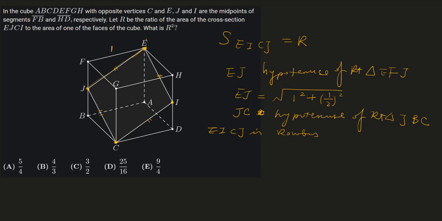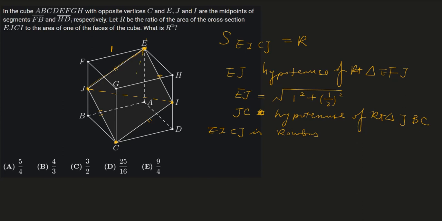Provided this quadrilateral is a rhombus, we know the fact that we can calculate its area in terms of its two diagonals. So let's connect the segment JI. This is one diagonal. And the other diagonal is EC.